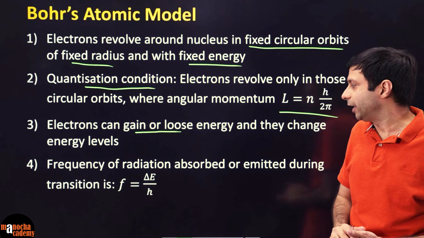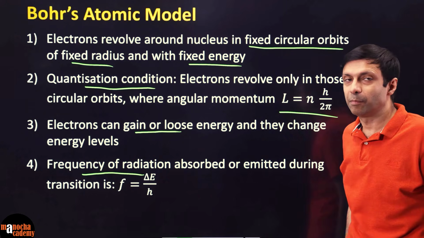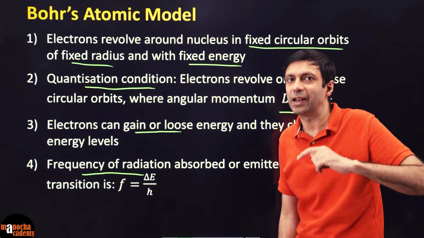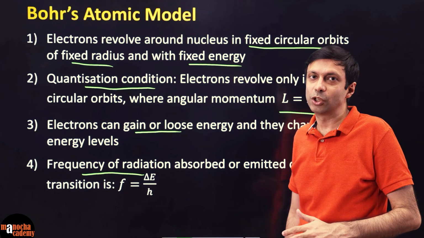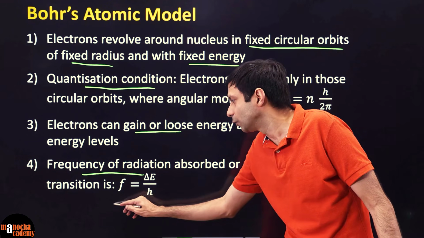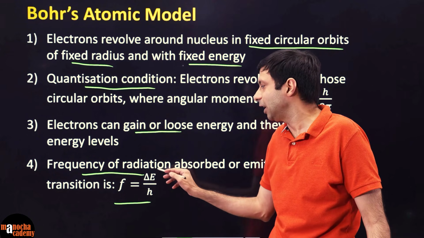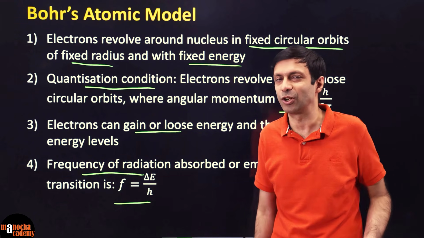And the frequency of radiation absorbed or emitted, when electrons are moving to a higher shell or coming down to a lower shell, is given by this formula: the frequency equals the change in energy divided by h, where h is Planck's constant.